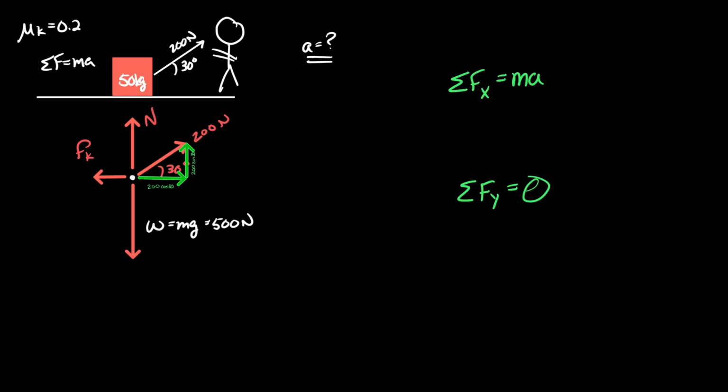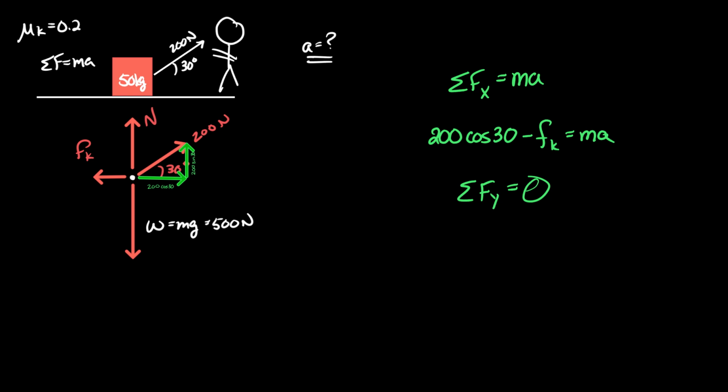So I'm thinking the sideways force is first. Is that okay? So I see 200 cosine 30 minus the frictional force equals ma. Do you guys see that all right? I do. I'm pretty happy with that.